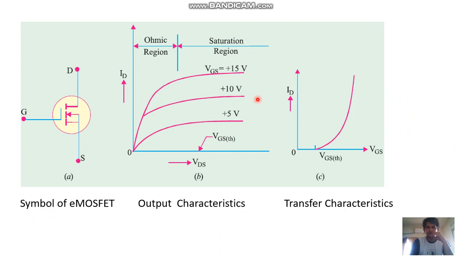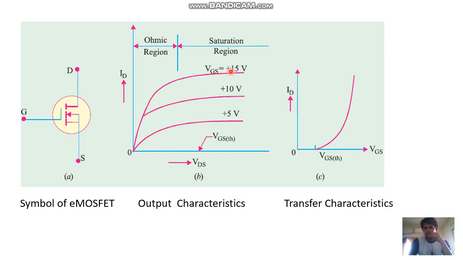So these are the output characteristics. I told you these are transfer characteristics, between VGS and ID. This is the output characteristics, between VD and ID: output voltage, output current. So this resembles your transistor characteristics. If you are not aware of transistor characteristics, output characteristics are like this.